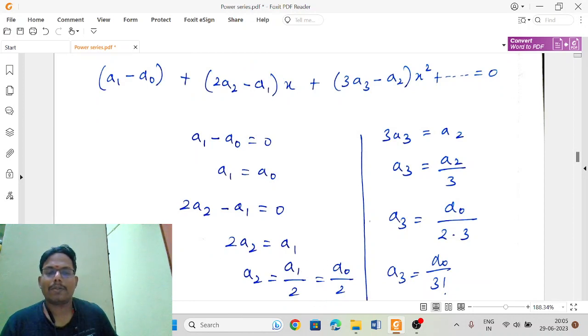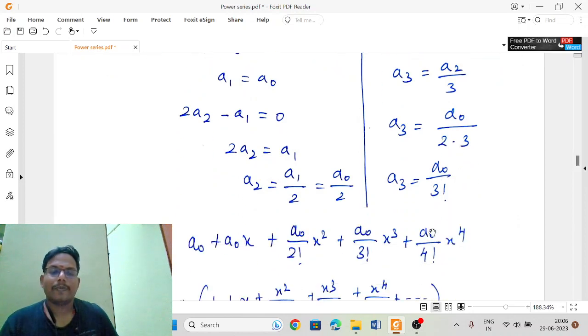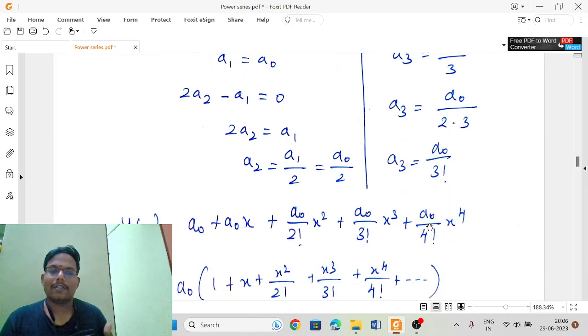Then we have 3 a3 equal to a2, and for a2 you know a0 by 2, so I replace a2 by a0 by 2. So I am able to get a3 equal to a0 by 3 factorial, which is 2 into 3. Like this, the solution will arrive.